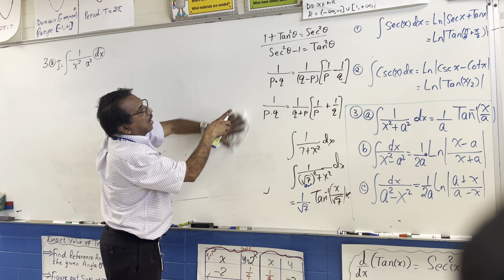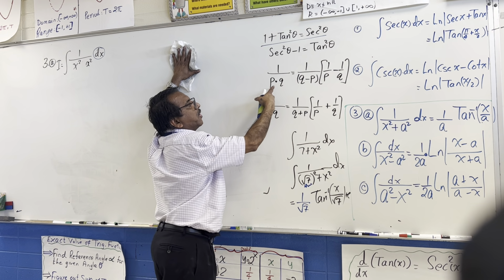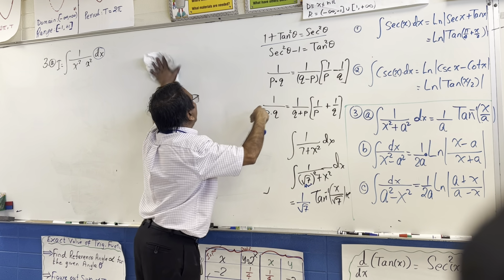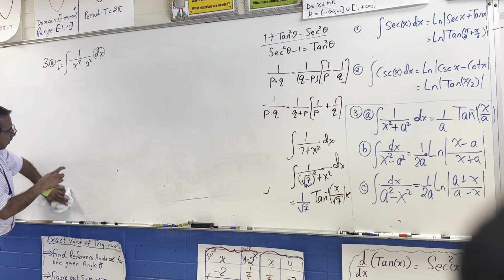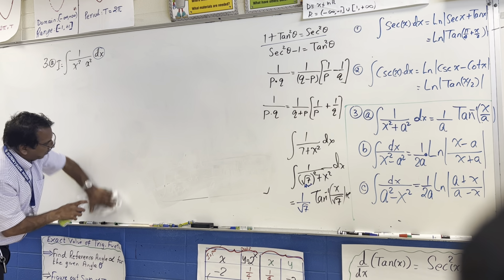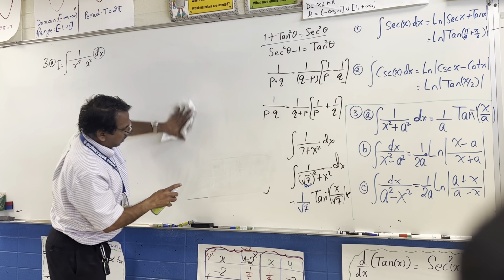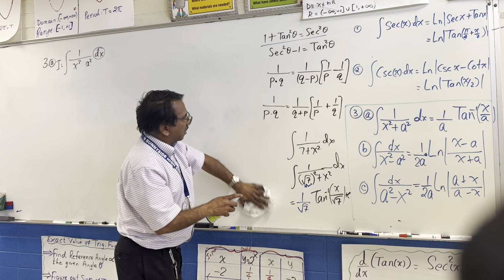One is using this trick, the fastest way, 1 over PQ. And let's see what P and Q are. Or the second method we could use is substitution. So let's see what substitution we can do there.